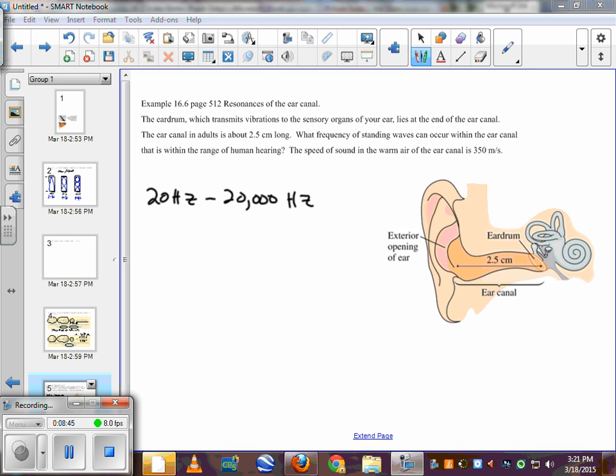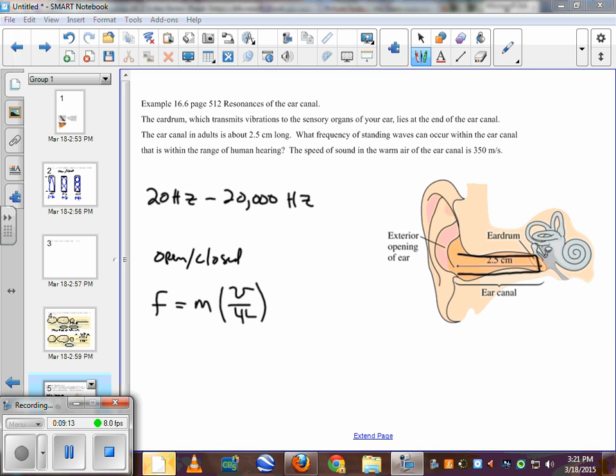We have to realize that this is a tube that's open at one end and closed at the other, so we're going to look at this as an open-closed tube. My frequency equation is frequency equals M times V over 4L. So we'll plug in our values.